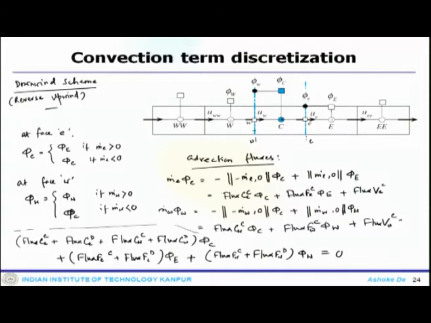That becomes the equation for the discretized system, and in a more compact form it looks like A C phi C plus A E phi E plus A W phi W equals 0. So, the discretized equation looks similar.